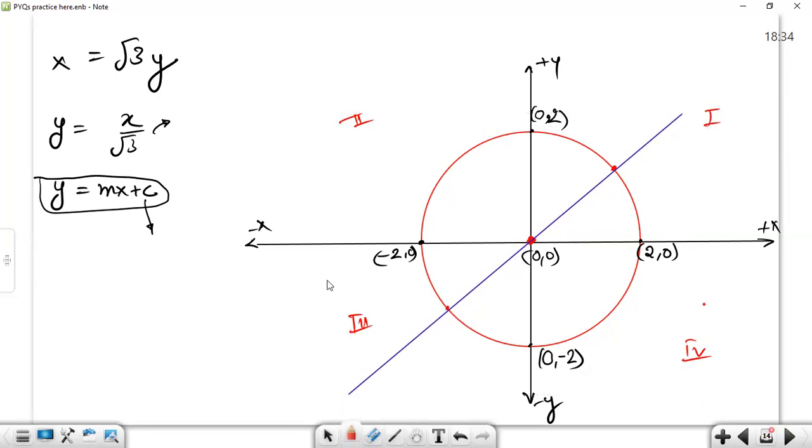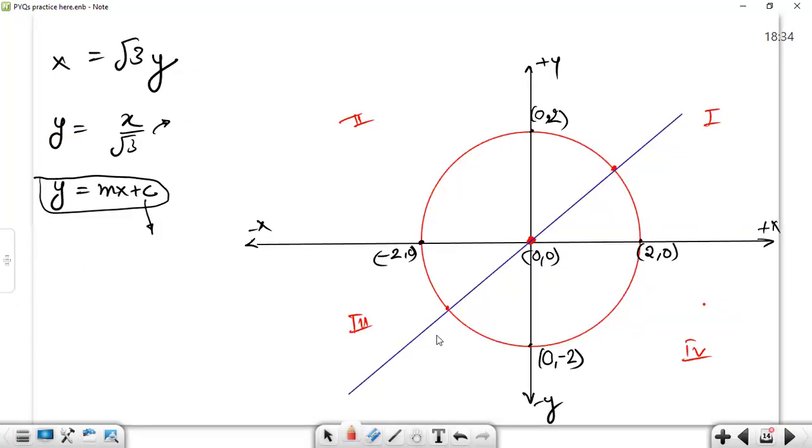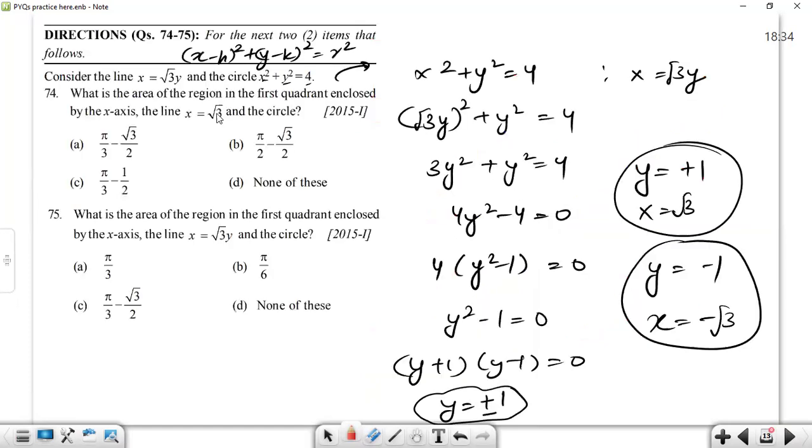Here x and y both will be negative, so the values are minus root 3 and minus 1. And here plus root 3 and plus 1. These are the coordinates. Now we have to find the area.